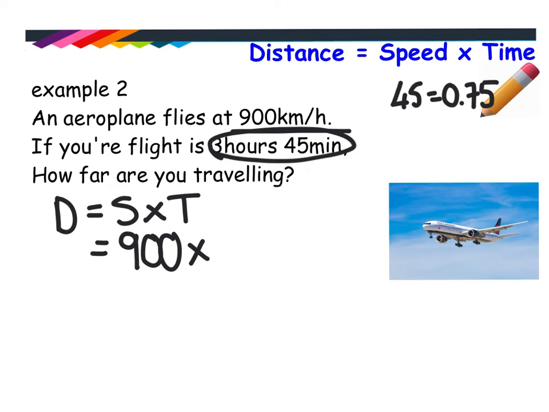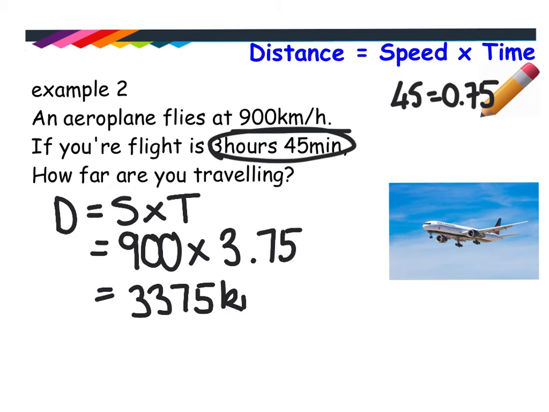So 3 hours 45 would be 3.75. Okay, so it's not 3.45, which is a common mistake. So then you need a calculator for this one, and the calculator will give you an answer of 3,375. And we're talking kilometres this time. Okay, so that's your answer to that one.